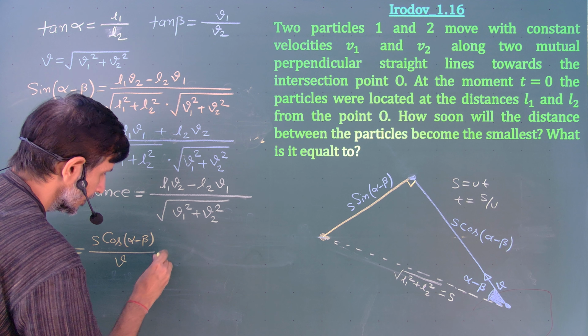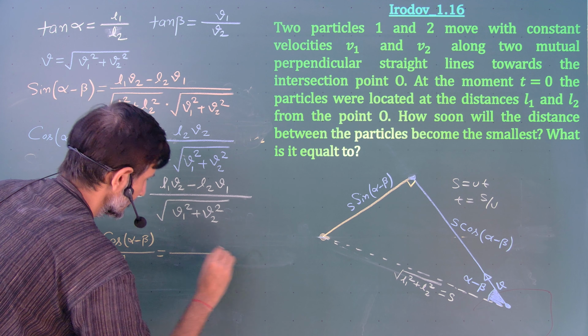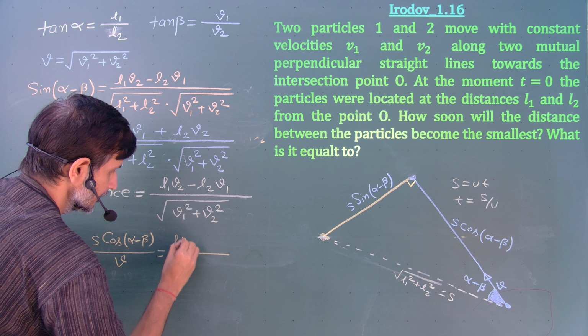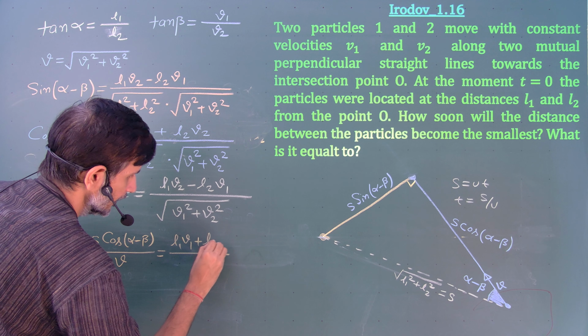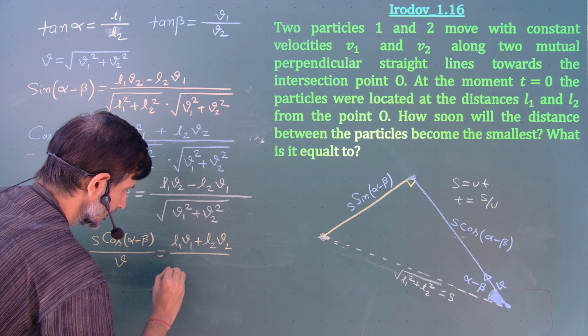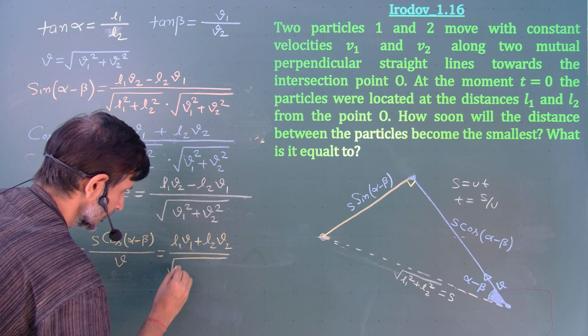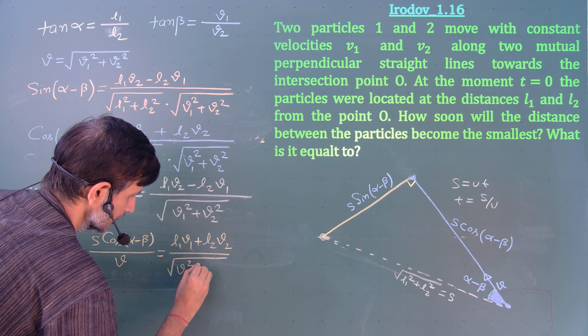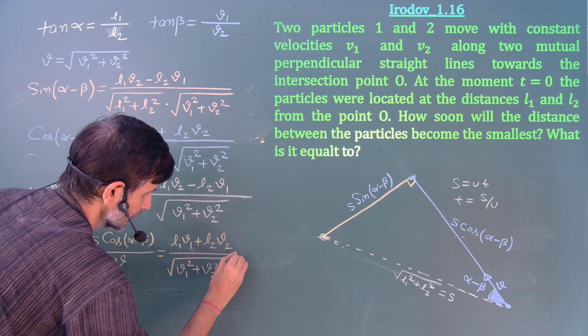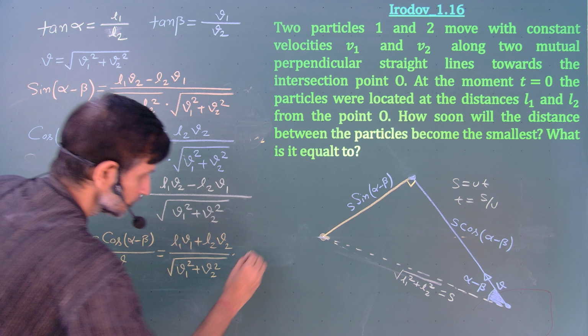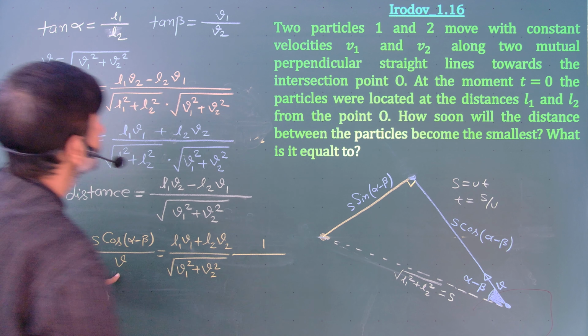So when I multiply with S, this number will be cancelled out. So it will come out L1 V1 plus L2 V2 divided by under root V1 square plus V2 square. Now this is V. So 1 divided by, what is the value of V?